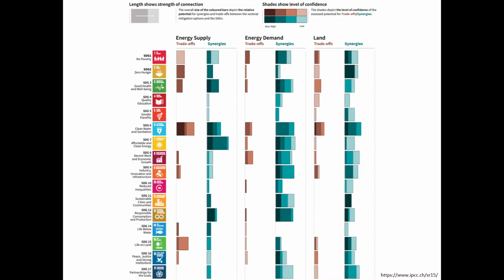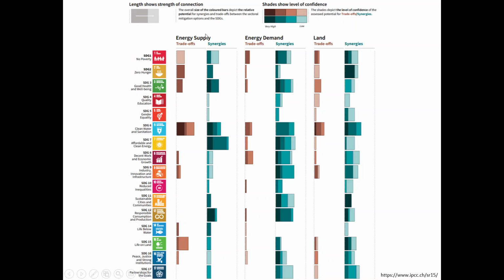This is another type of result which is linked with the sustainable development goals of the UN, and it tries to show how energy supply, energy demand, and land impact the several sustainable development goals.